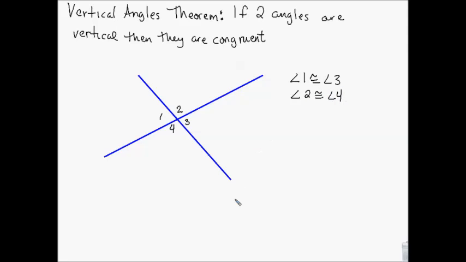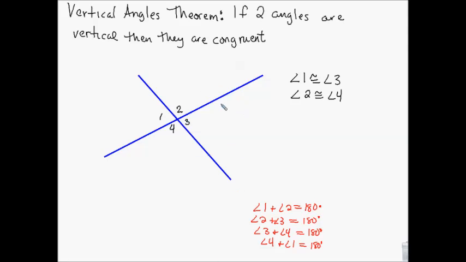And this is not part of the theorem, but angle 1 and angle 2 are 180. Angle 2 and angle 3 are 180, not 1800. Angle 3 and angle 4 are 180, and then angle 4 and angle 1 are 180.